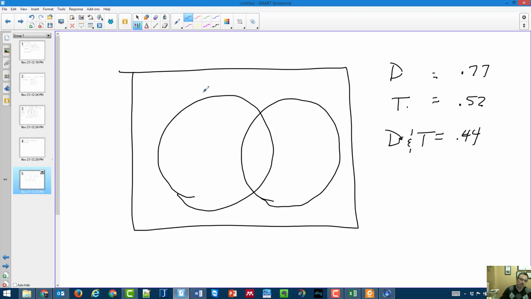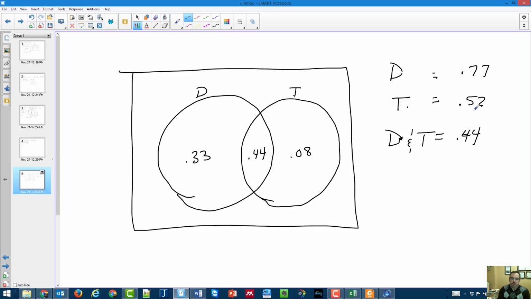The overlap is occurring between domestic and truck. So here is 0.44. These are my domestic trucks. 44% are domestic trucks. Now 52% are trucks, so that only leaves me with 0.08 left. 77% were domestic. Well, this whole circle is 0.77. I only have 0.33 left, because if I add those two together, I get my 0.77.